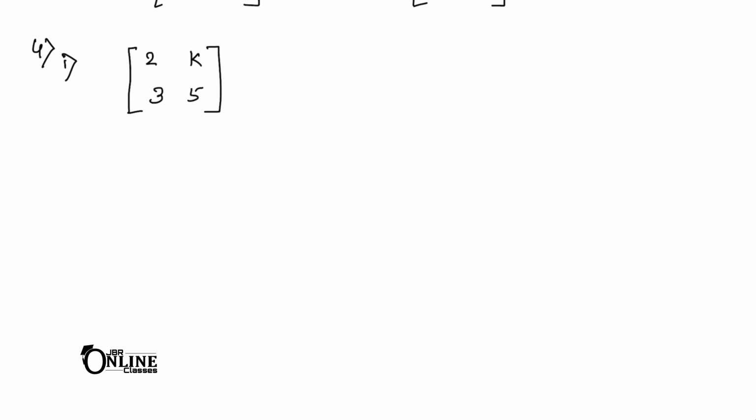So here this matrix has no inverse, that means det A will be 0. If you find the det of this one, it will be 10 minus 3k equals 0, and from that k equals 10 by 3, that is your answer.